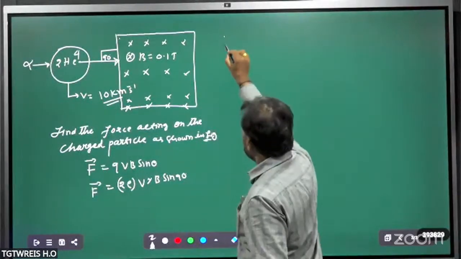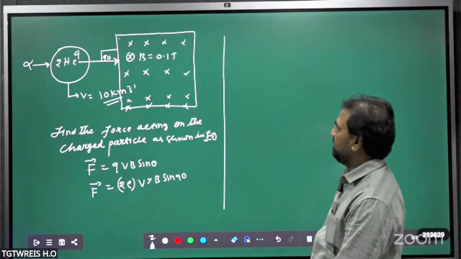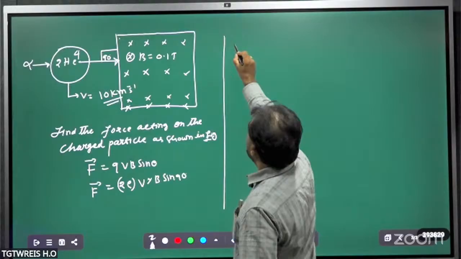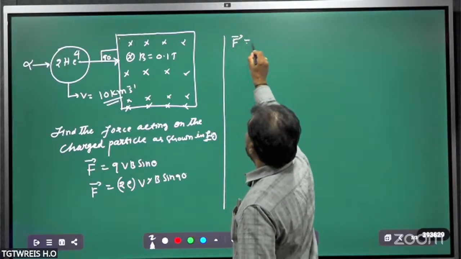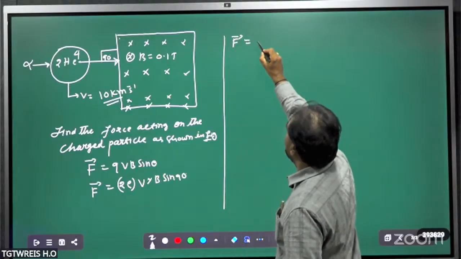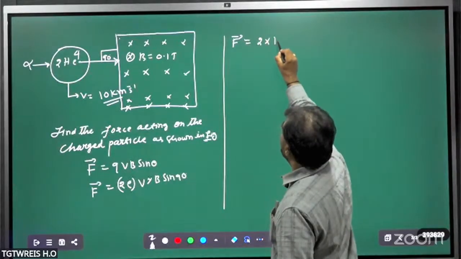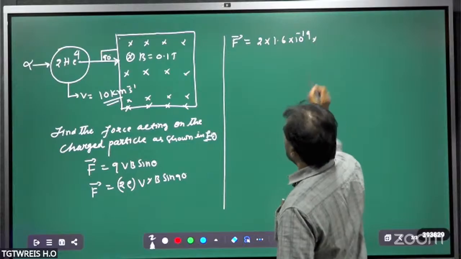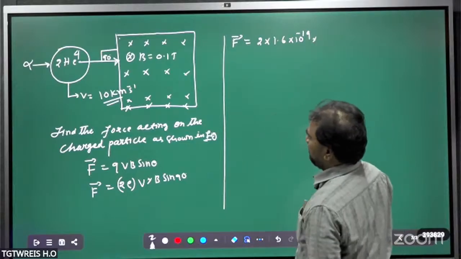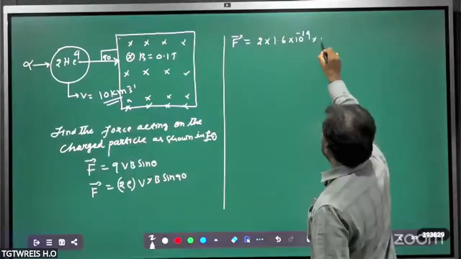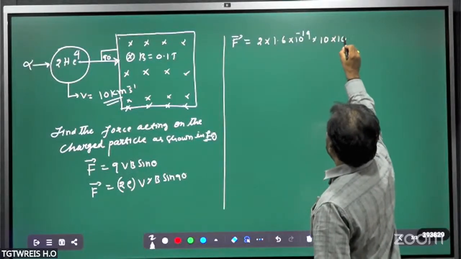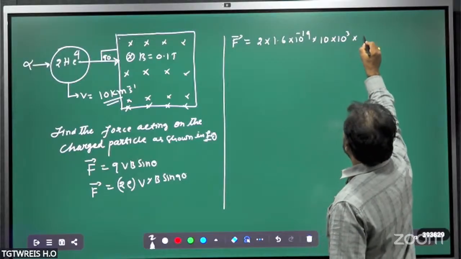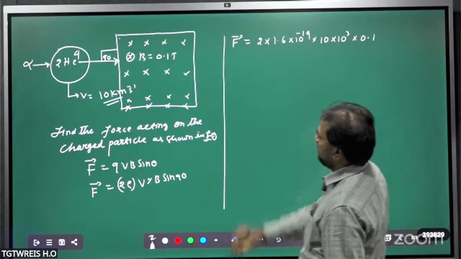Therefore, the force experienced by the charged particle in the magnetic field is given by, what is the value of F? 2 into E value. E value is 1.6 into 10 to the power of minus 19 coulombs. V value is given 10 kilometers per second, that is 10 into 10 to the power of 3 meter per second. And the B value was given 0.1 Tesla.